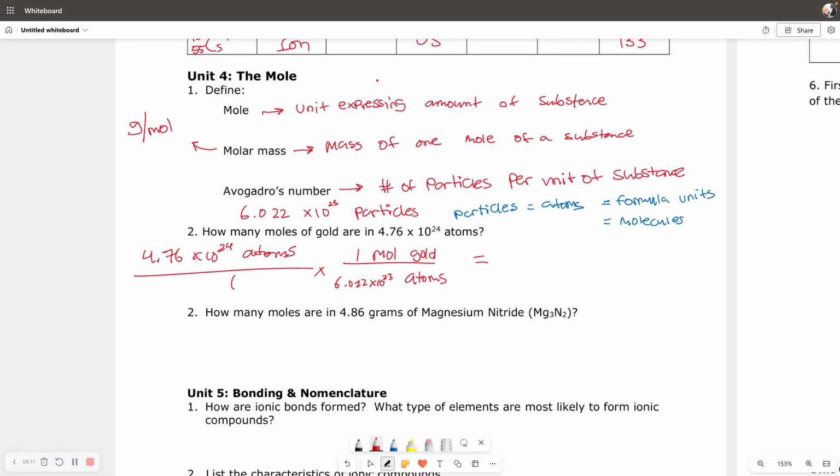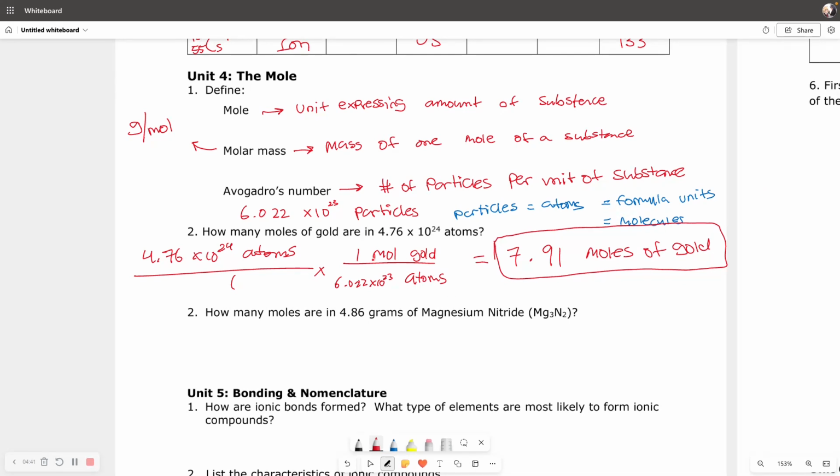Once you do that, you are going to get 7.9069 and so on, which we can simplify down to 7.91 moles of gold. That is our final answer.